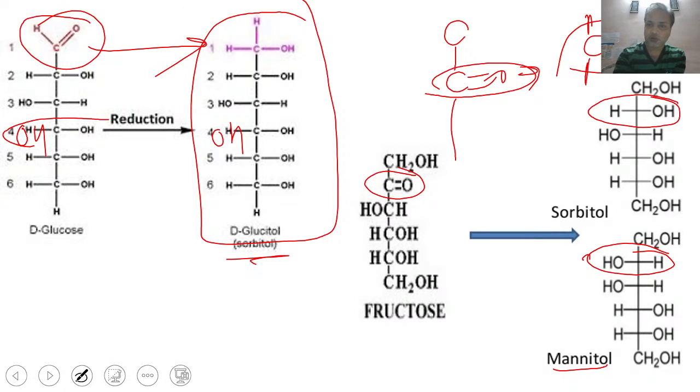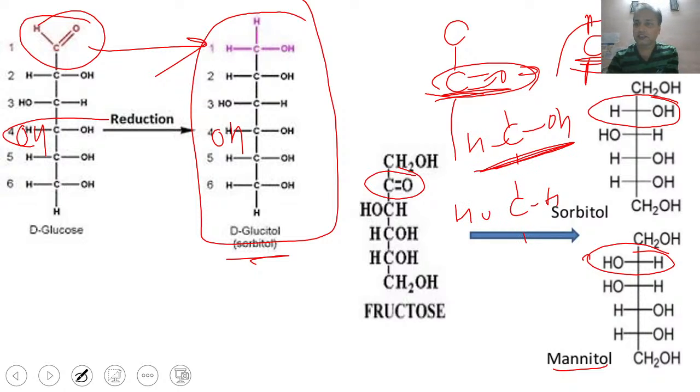So if you reduce the ketone, you are going to get CHOH. This CHOH can be written in two forms. Either it will be written in the form of OH and H, or it will be written in the form of H and OH. If you write this type of structure, right hand side OH, it is called sorbitol, and if you write OH on the left hand side, it will be called mannitol.